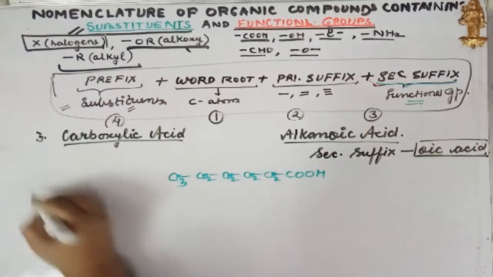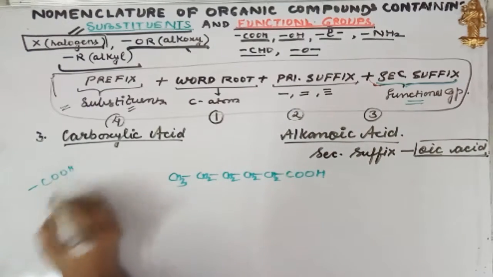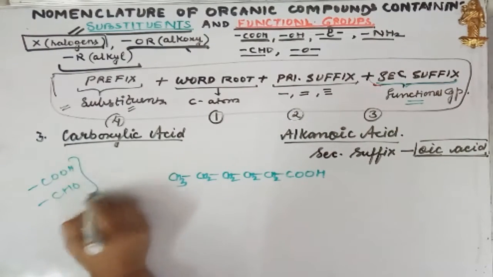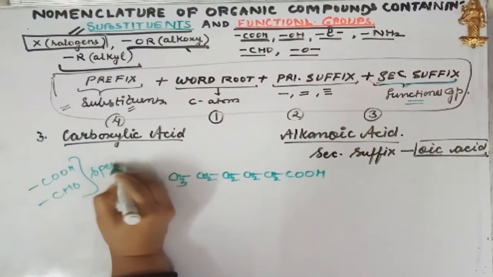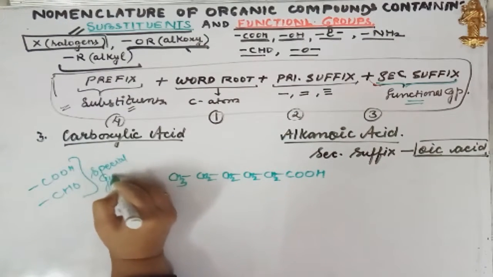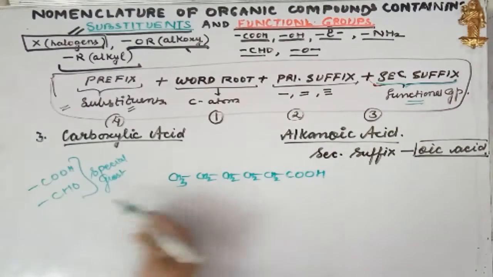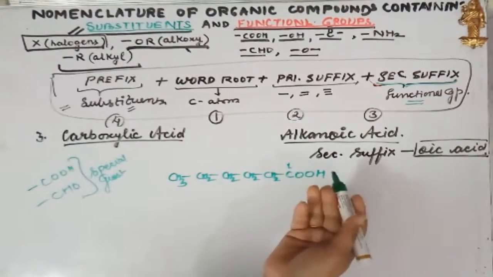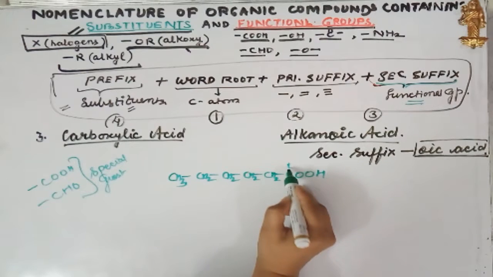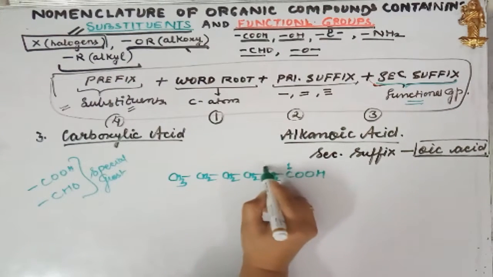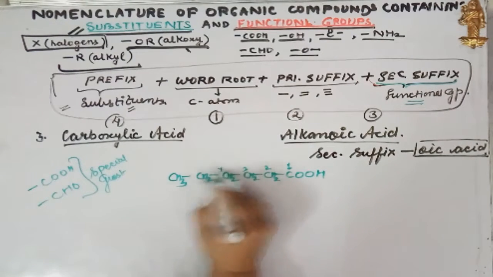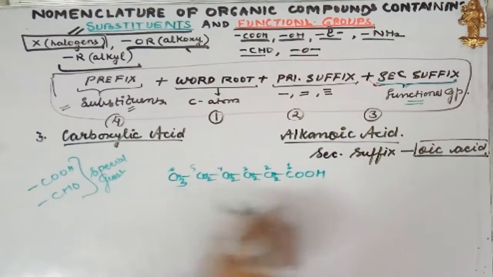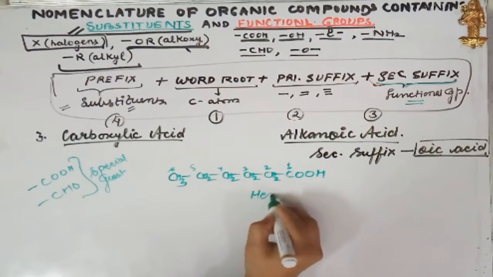As I have told you, COOH and CHO, if they are there, will be considered as the special guest. They will always be given the first position, so we don't have any option here. We have to start the numbering of the compound by considering this as a part of the chain, and I will number the chain as 1, 2, 3, 4, 5 and 6. Because there are 6 carbon atoms, it is "hex".